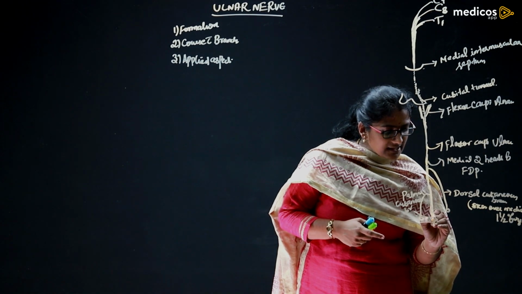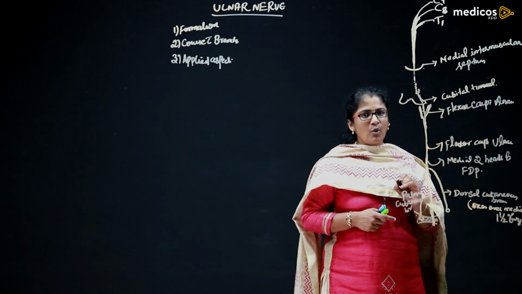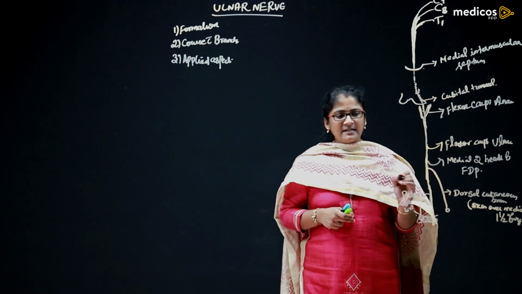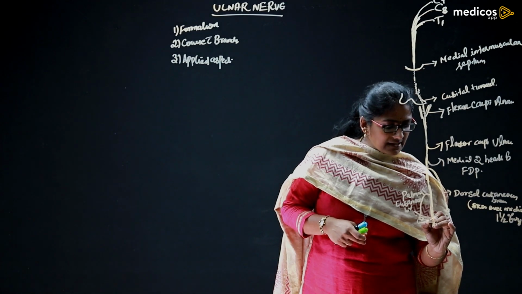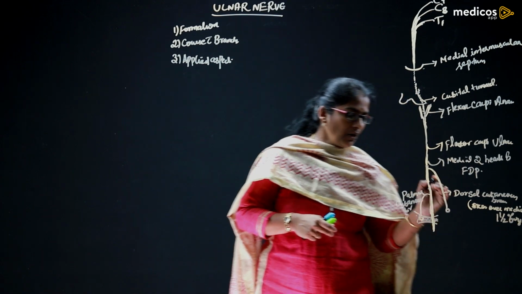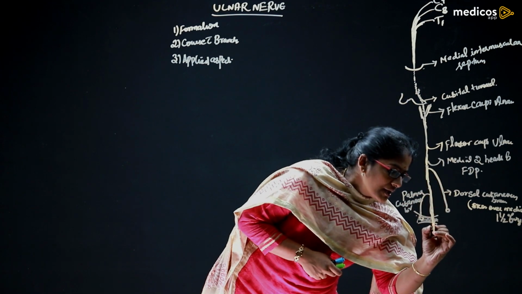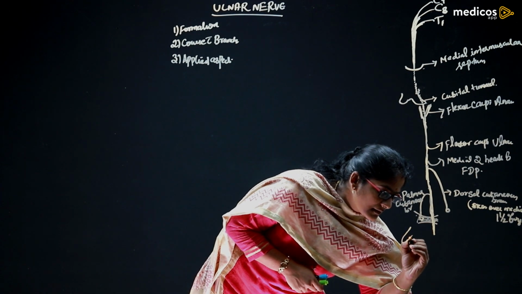We have already discussed this. There is a superficial slip, the ulnar carpal ligament. Anyway, it passes superficial to the flexor retinaculum, and now I will show its distribution.